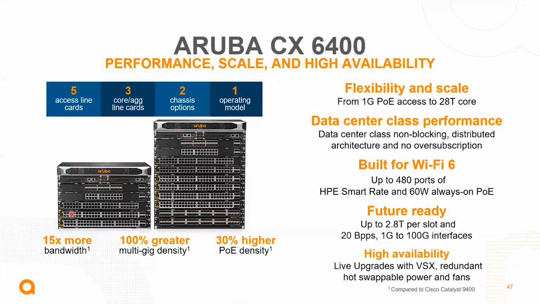As you can see, it's 15 times more bandwidth, and there are a lot of modules that you can choose from. We can have a 5-slot or 10-slot chassis. It offers all the advantages of the 6300, but goes beyond by adding campus aggregation, or you can also use this for the data center.